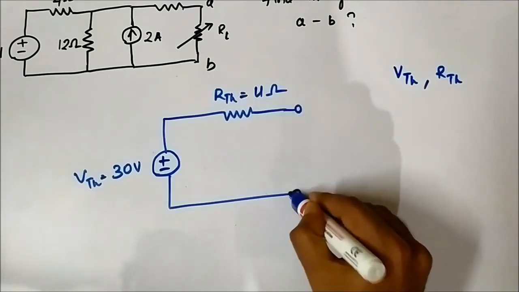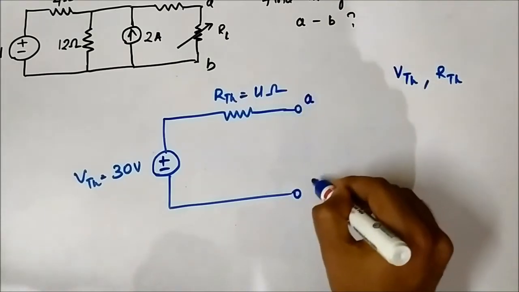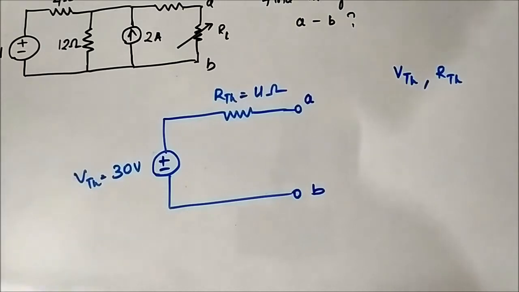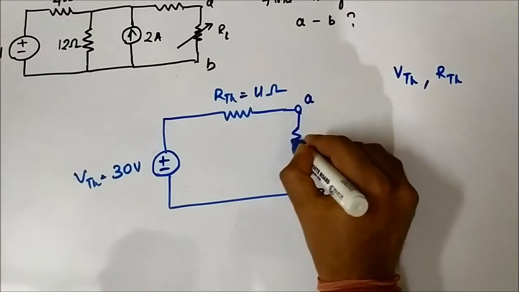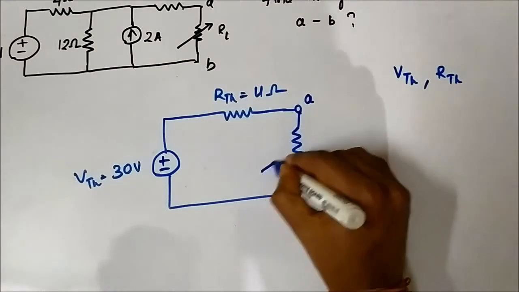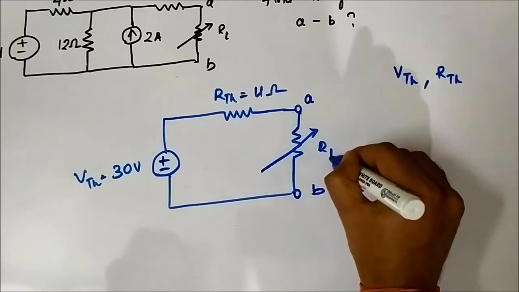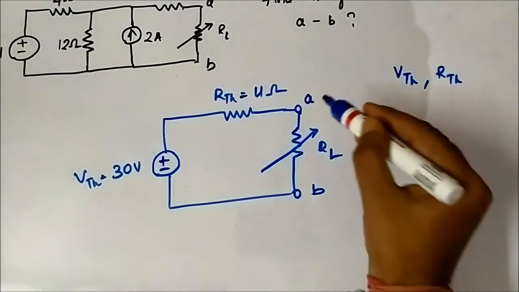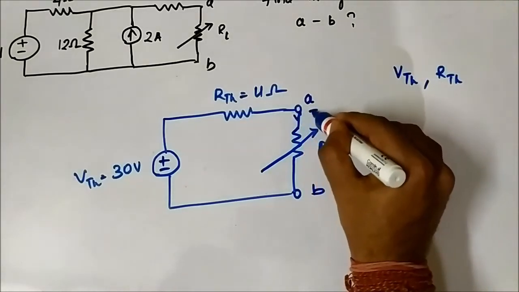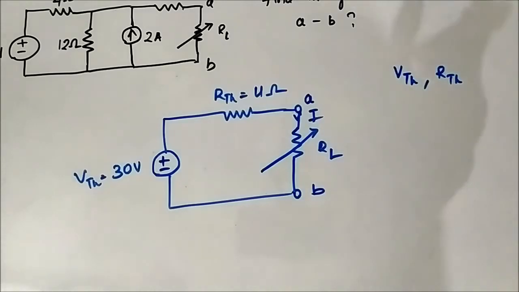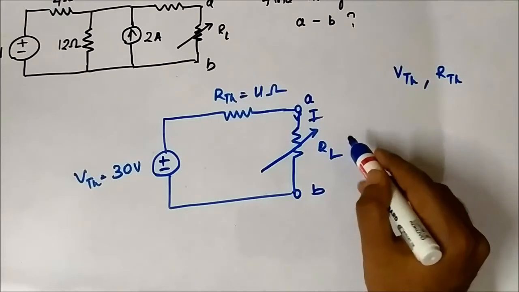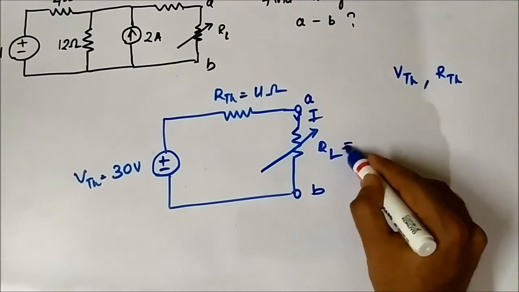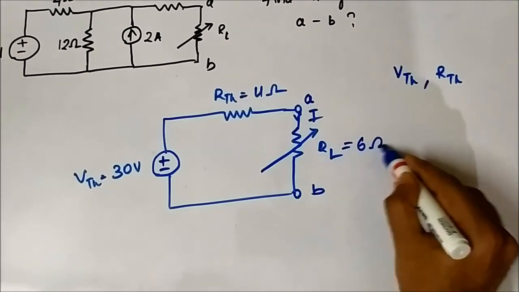This is the point A and B. Now if we reconnect this variable load resistance and give it any value and find the current flowing through it, let's say the variable load resistance value is equal to 6 ohm.